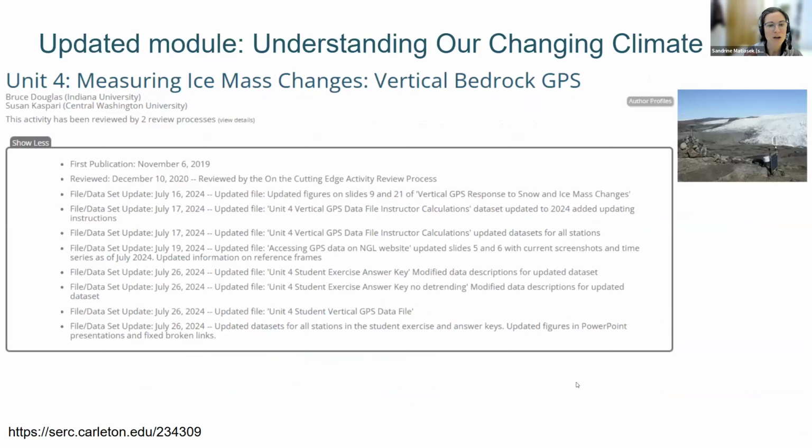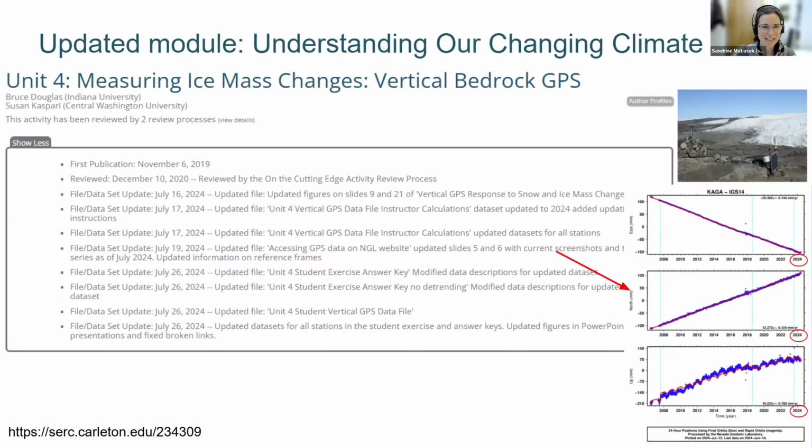Unit 4 centered on vertical bedrock GPS time series, and with these snapshots, you can see, so first here, the revision history at the top of the page with lots of updated files. And next click, Ellen, thank you. And then one of the major updates that we did was to expand the time range of all the data sets that were used.